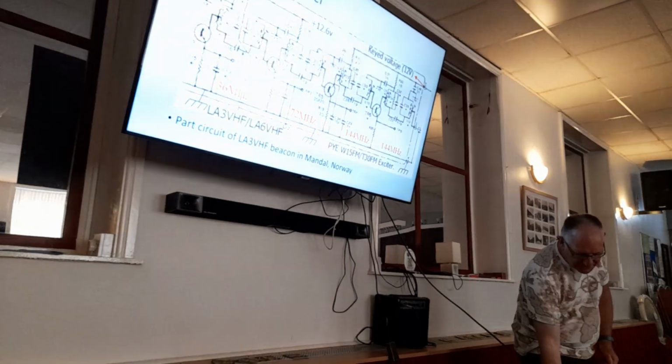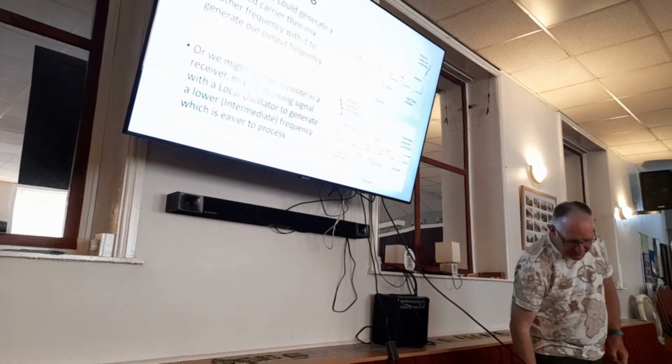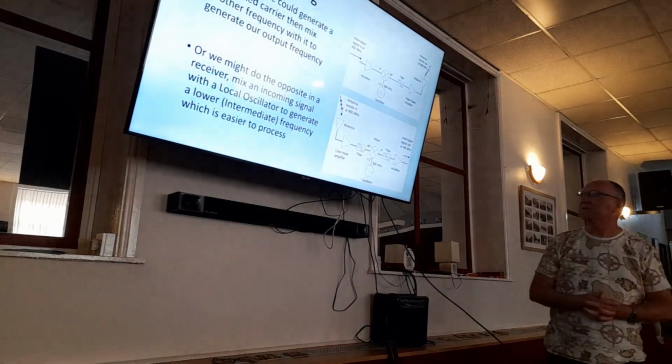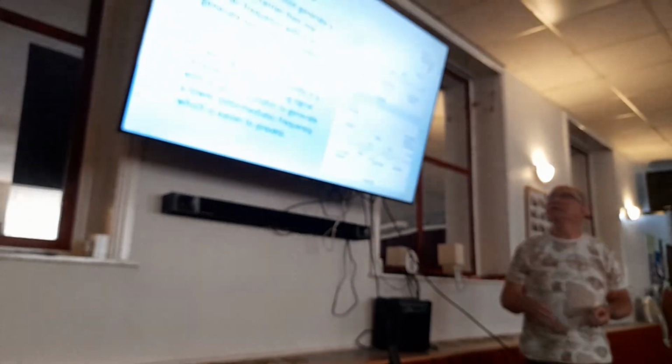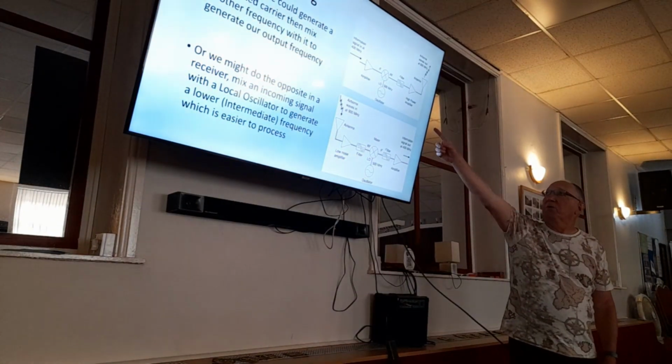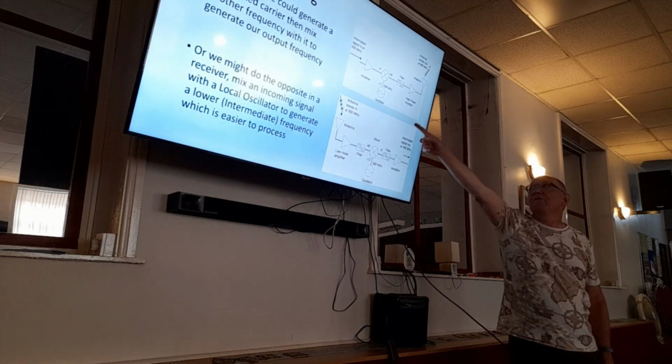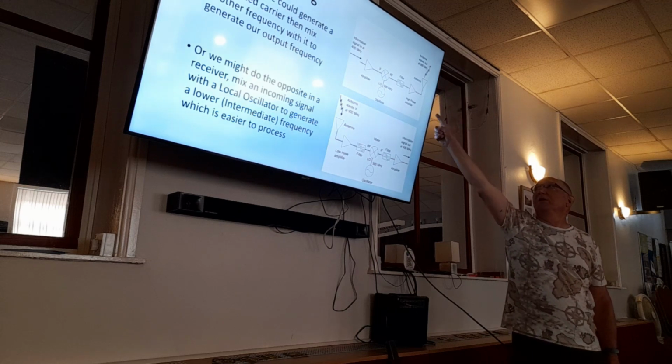Let's have a look at some mixing examples again. Here's a rather bad example. It's the only decent block diagram I could find. For example, the top one there, putting 400 megahertz in, mixing it with a 500 megahertz oscillator, we can get 900 megahertz out.